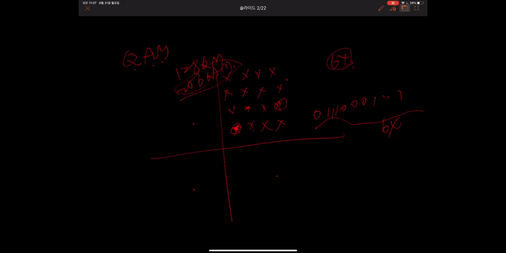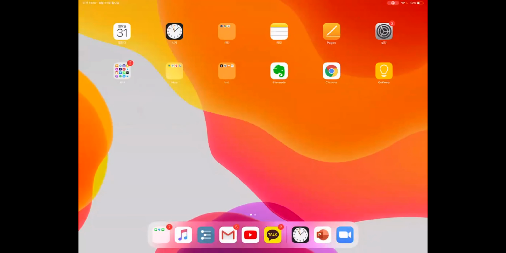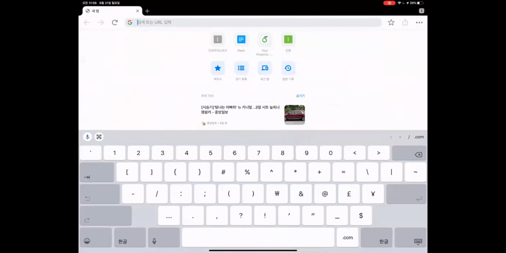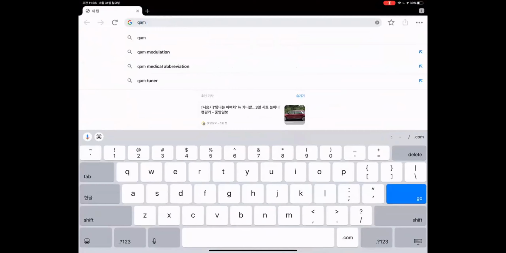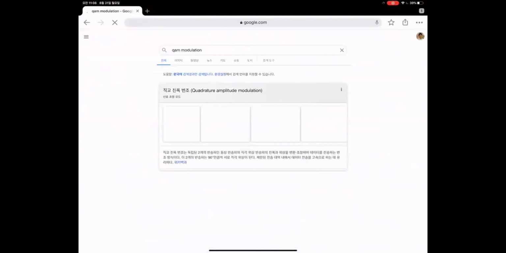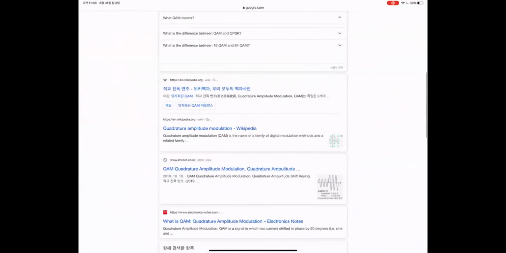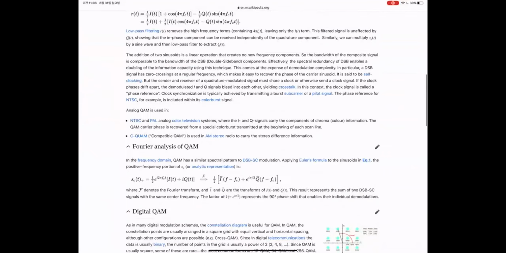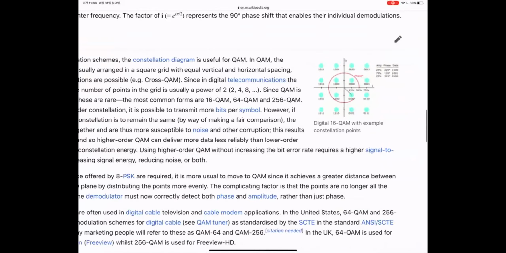So let me show you some examples. Something like this pattern.